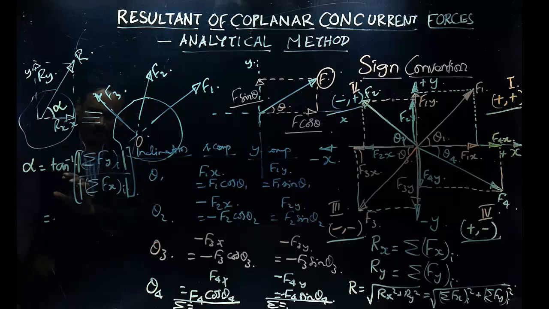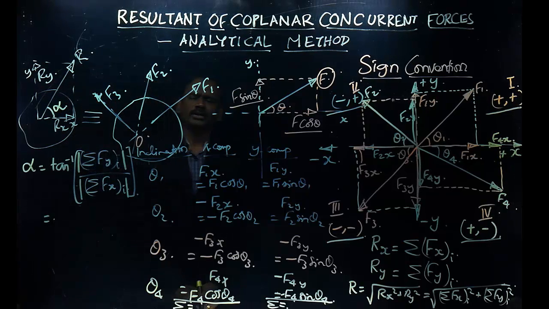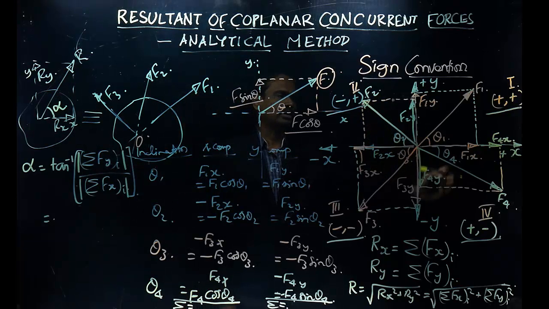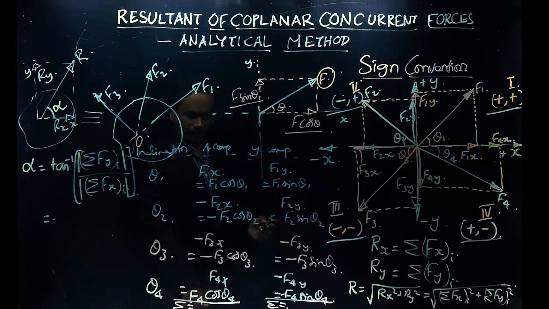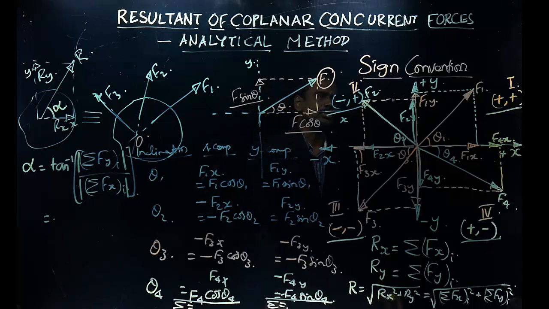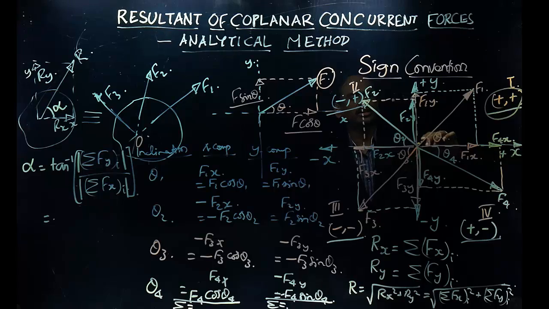Now, once you arrive at this value, finally you have to find in which quadrant the resultant is going to lie. It may lie here or here or here. How do we determine in which quadrant it is going to lie? That depends upon the sign of this and sign of this sigma. Suppose this is positive, the entire summation is positive, then because of this condition, the resultant is going to lie in this quadrant.